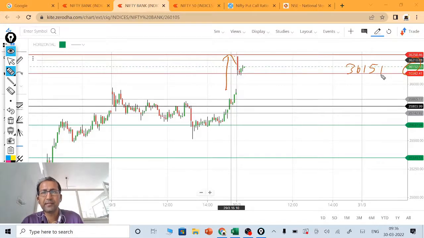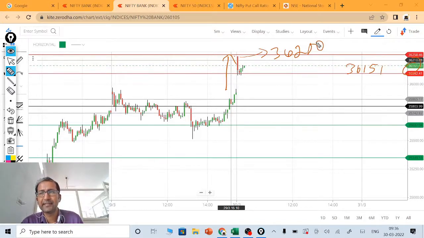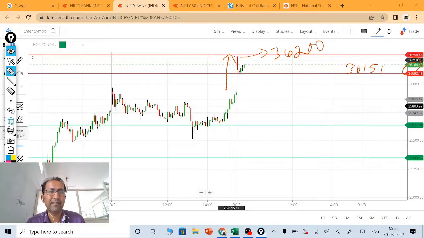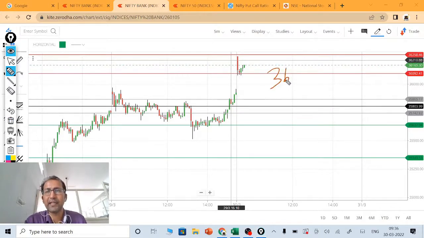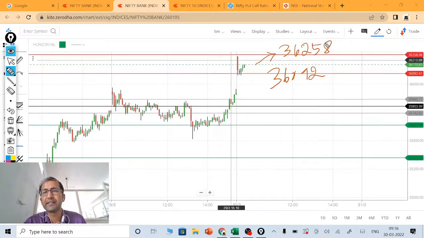Markets opened higher and almost touched 36,200. This is the highest point, 36,200. Now they are in a small range. If the market sustains the 36,092 level, there is a chance that they can go all the way up to 36,258, and even higher if they sustain above 36,092.